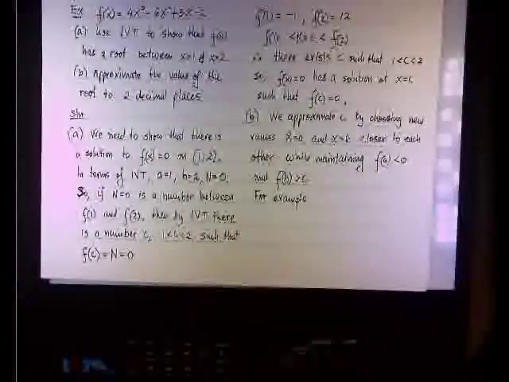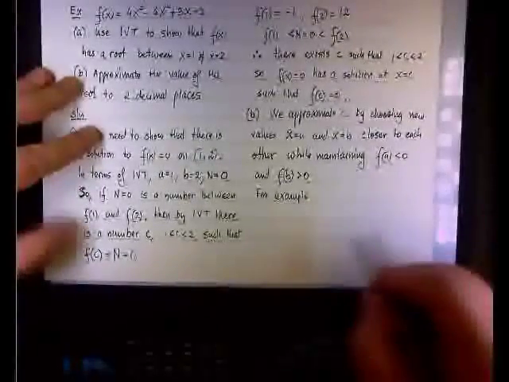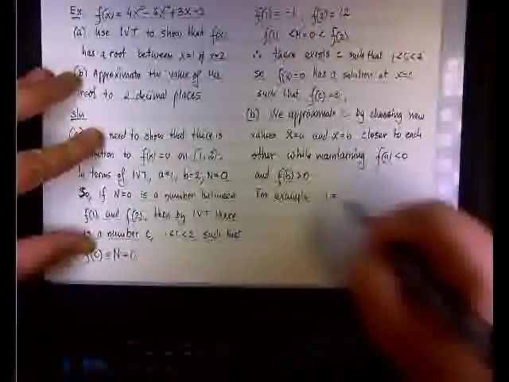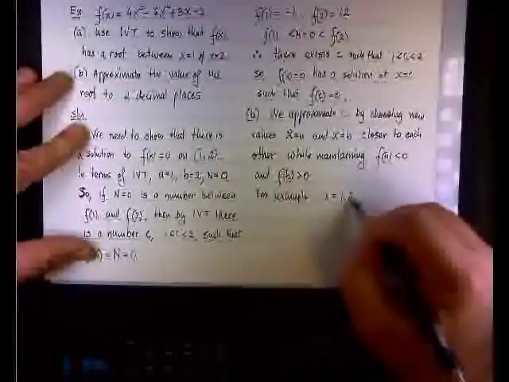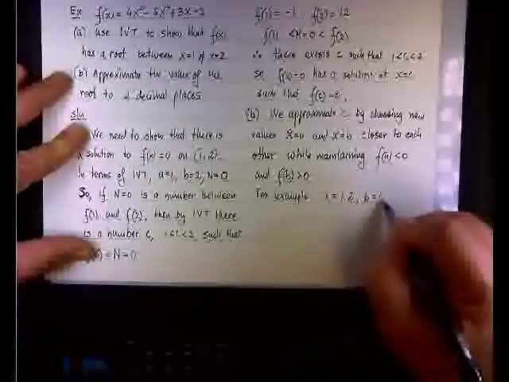The answer is yes. 1.2 is still going to be negative, 1.8 will still be positive. Matter of fact, if you play with it, you can start with closer, so for the sake of time, let's choose A equals 1.2 and choose B equals 1.3.